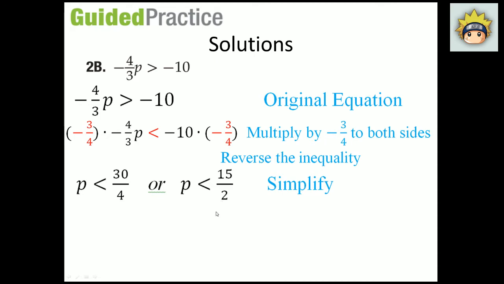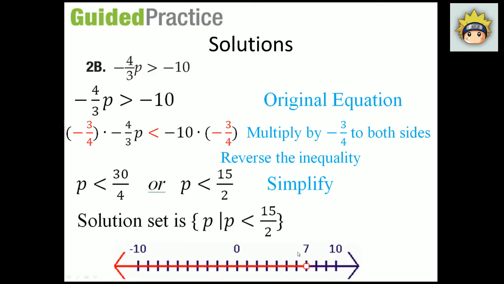So my solution set is p is less than 15 over 2. If you simplify this, it should be 7.5, and the circle should be open, but it shouldn't be on the 7. It should be on the 7.5. It still goes all the way to the left. Do you see how the arrow is pointing to the left? You go all the way to the left. Okay, good.